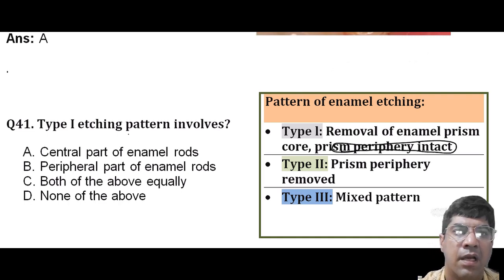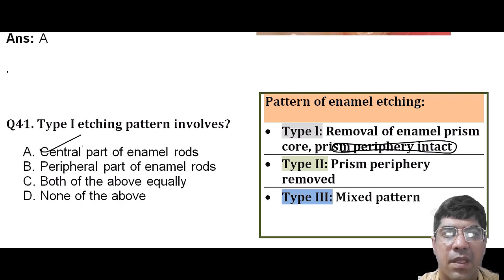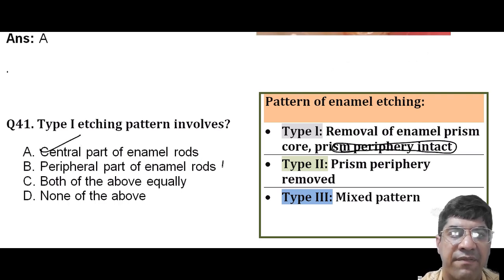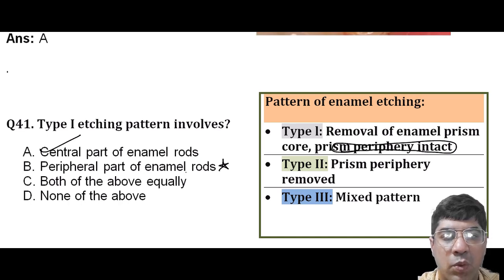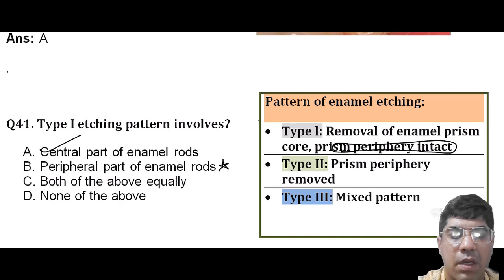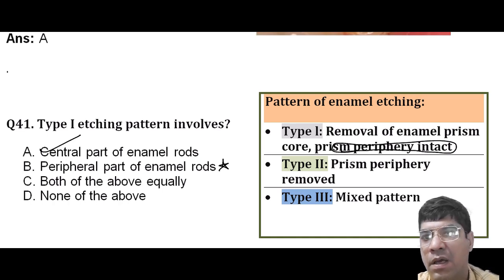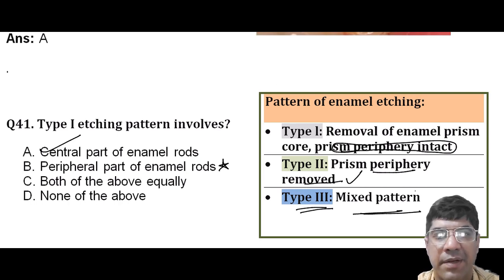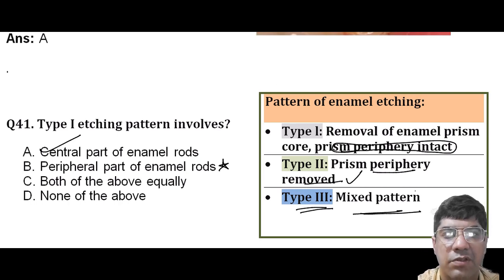So it involves the central part of the enamel rod, whereas the peripheral part is intact. Whereas in type 2, the peripheral part is removed, and type 3 is a mixed pattern. So your answer is type 1.